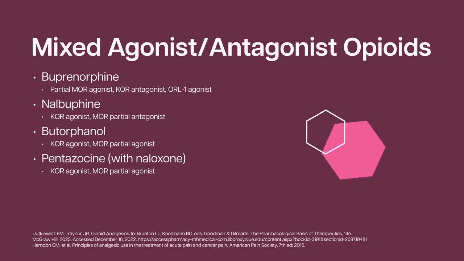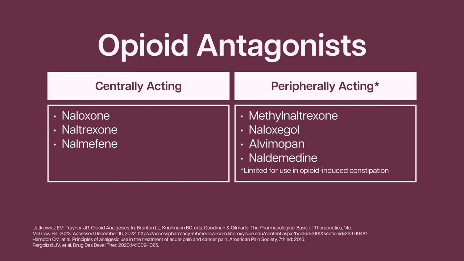Butorphanol is used for acute pain relief, for example, post-operative pain. However, it has cardiovascular side effects and so should not be used for patients with congestive heart failure or myocardial infarction.